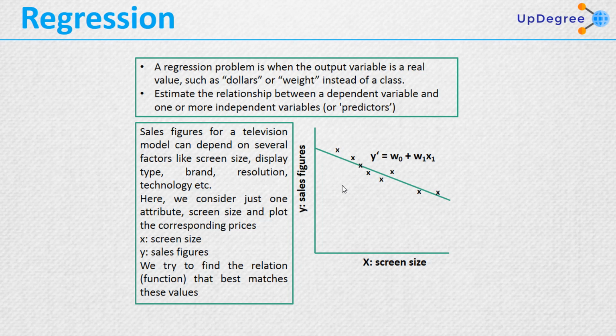Along the x-axis we plot the screen size, and along the y-axis we plot the sales figures, and we try to find the relation, that is a function that best matches between these two variables. From here we can also go for predictions and forecasting. So this is one of the examples of regression.